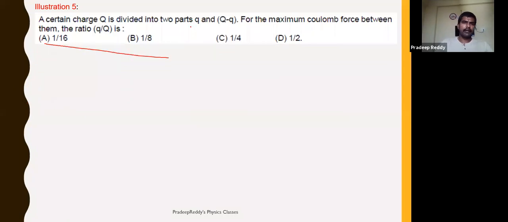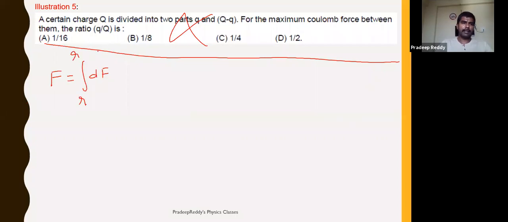Now see, you have got finally F is equal to the integration of dF between the limits r and r plus capital L. This is equal to, in the previous slide we have got dF, and that will be 1 by 4 pi epsilon naught, capital Q small q divided by capital L, integration dx divided by x square, and these limits are from r to r plus L. You can check it up.